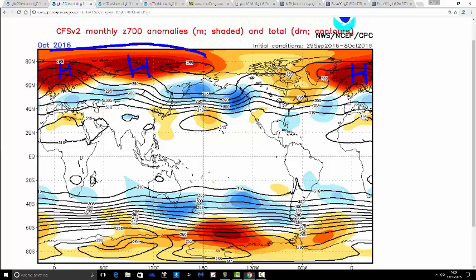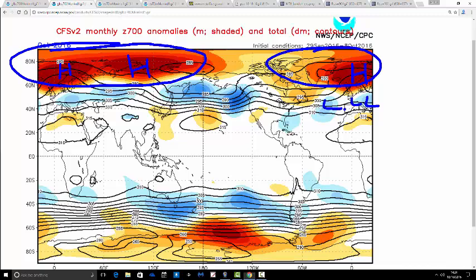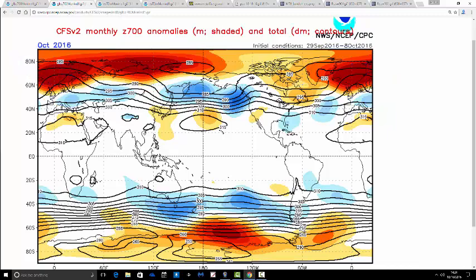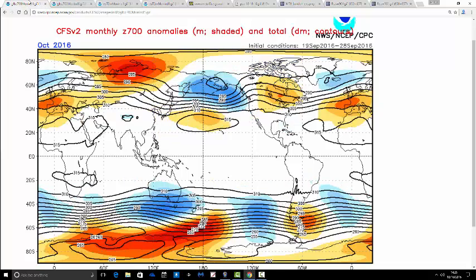So a huge blocking feature there, sitting to the north, across the northern latitudes, and then underneath it we have these areas of low pressure. And the upshot, of course, is to be bringing the winds in from the east, something like that. So a very dramatic difference from what's actually happening compared to what the model was predicting just 3 weeks ago.